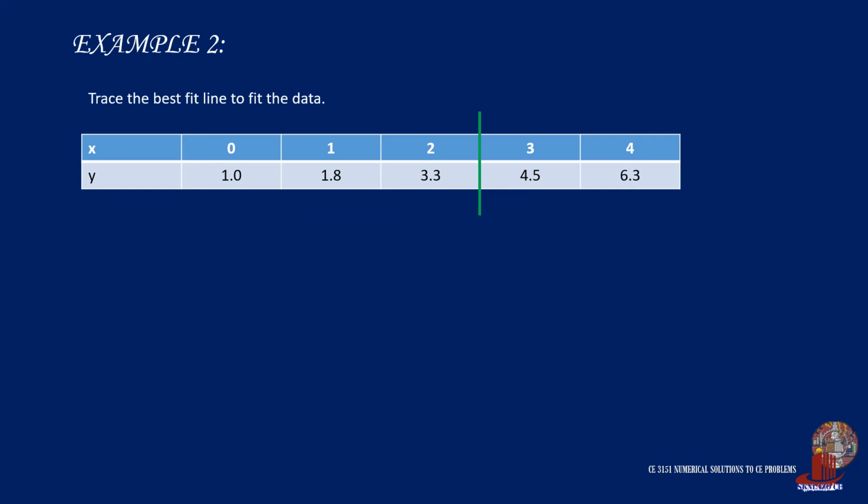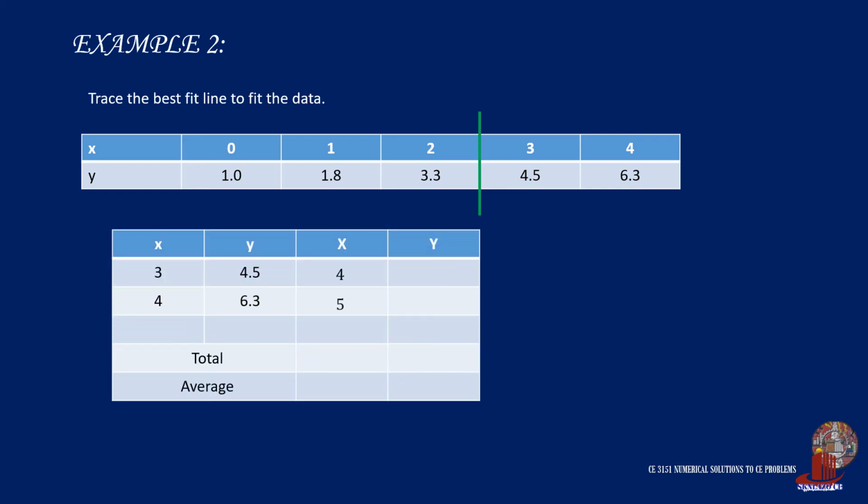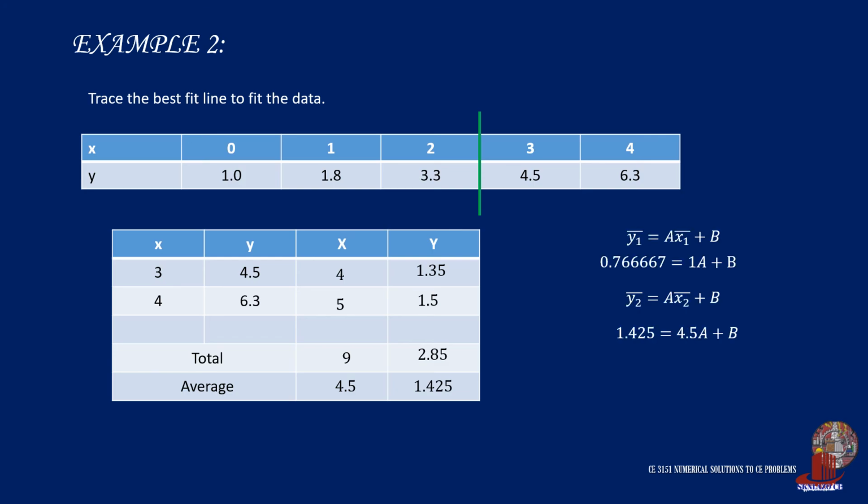Do the same procedure with the second group of coordinates. Complete the values for capital X and Y, and then take their total and also their average. From the averages, the second equation can then be drawn as 1.425 is equal to 4.5a plus b.